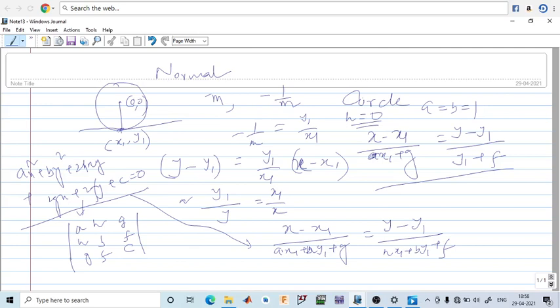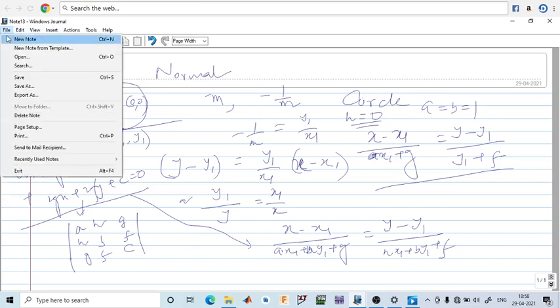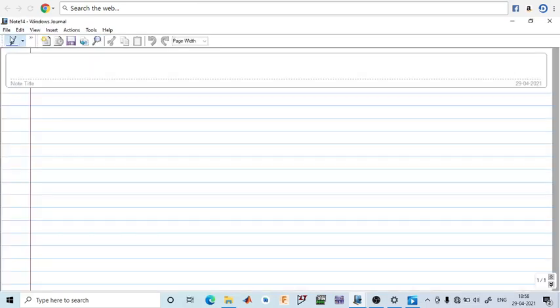And the next part is the chord of contact. It is very easy. What is the chord of contact?